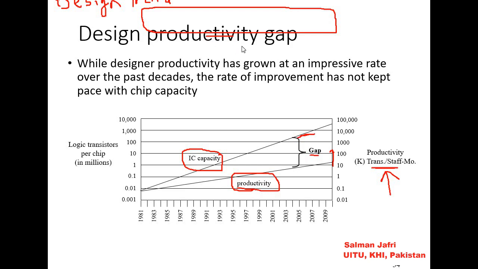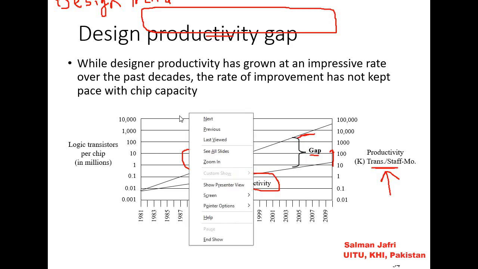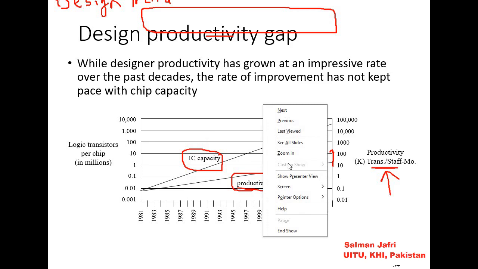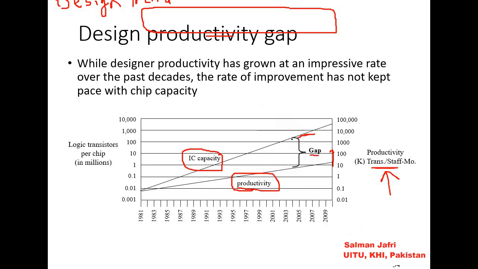So what is basically the design productivity gap? While designer productivity has grown at an impressive rate, the rate of improvement has not kept pace with chip capacity. Chip capacity has been the product of integration, and the level of integration has increased a lot.